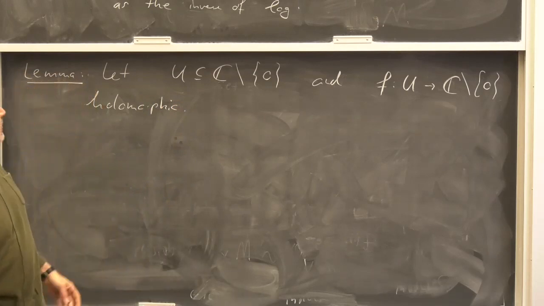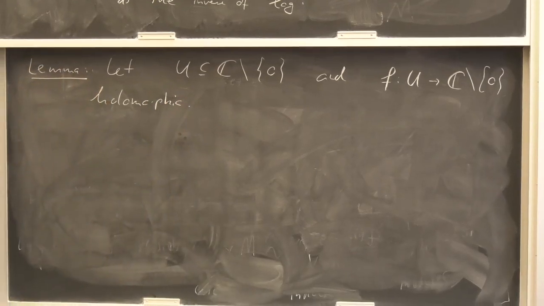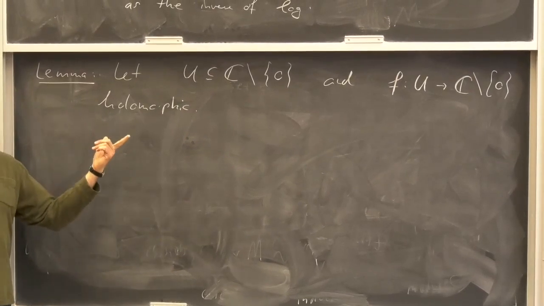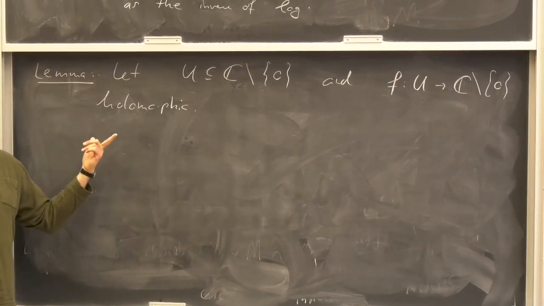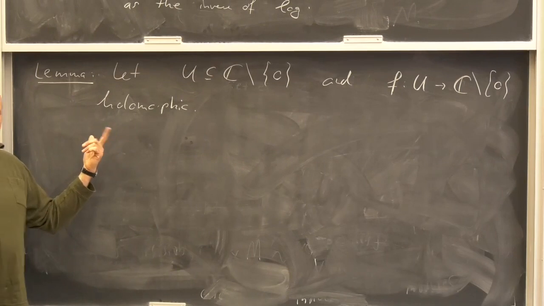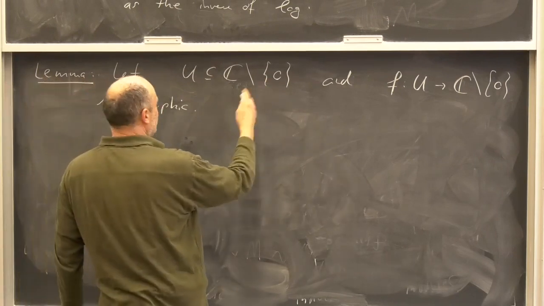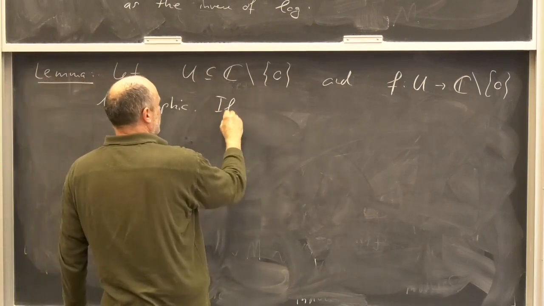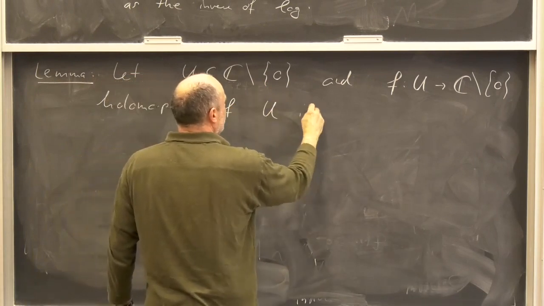Under what condition does a map like this have a logarithm on U? Simply connected. Exactly, yes.